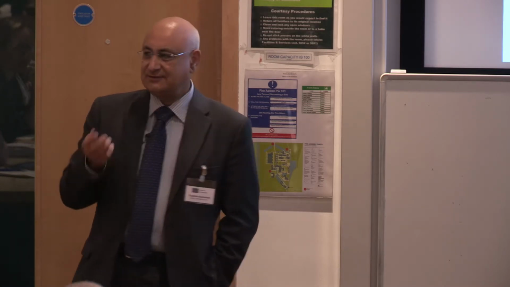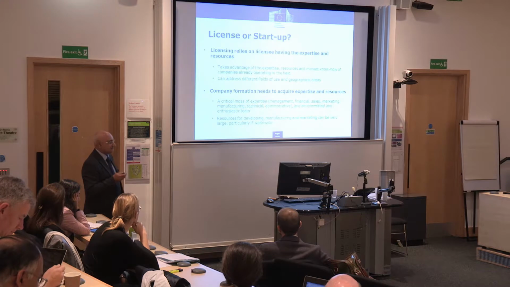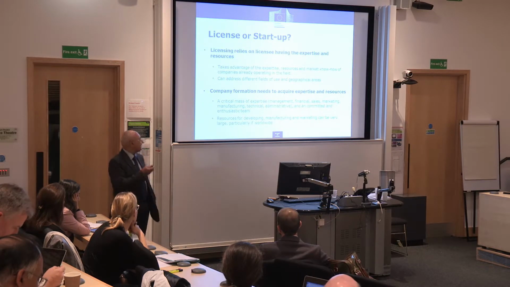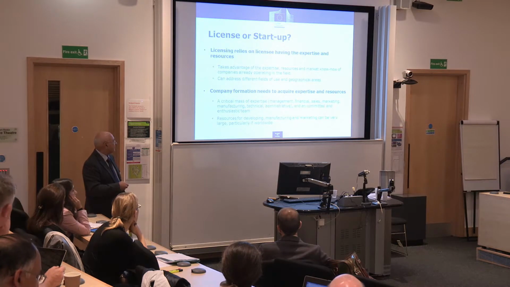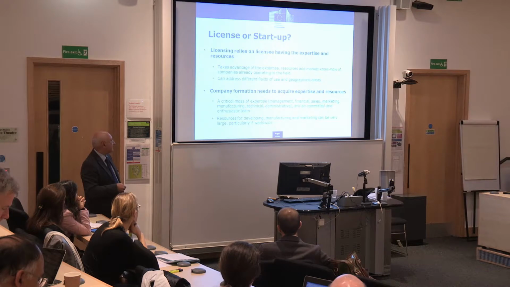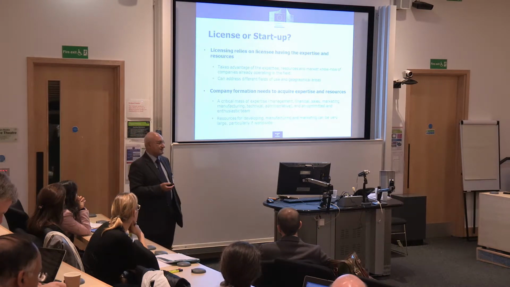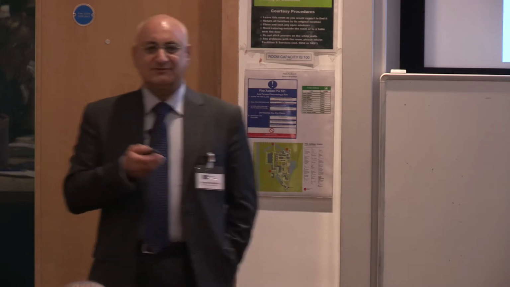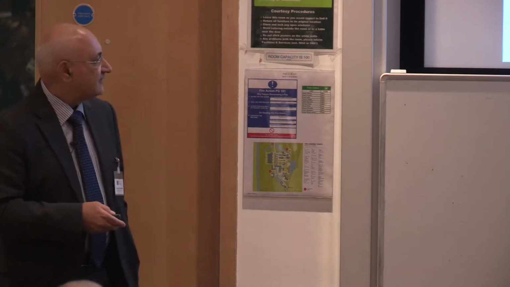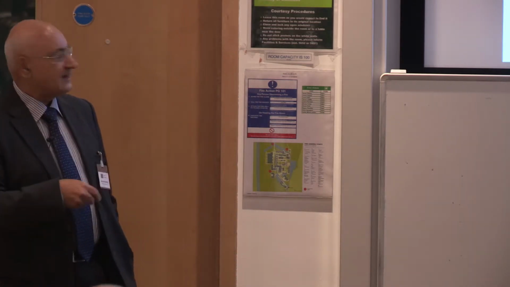You probably have the technical resource, but you probably then have to find the entrepreneurial management and the finance. And you do need this critical mass of expertise, maybe manufacturing as well, administrative, etc. And you have to have a committed and enthusiastic team, because investors, a large part of their decision is in the team. It will be on the technology, but they're looking for the people. And resources, they can be quite high.